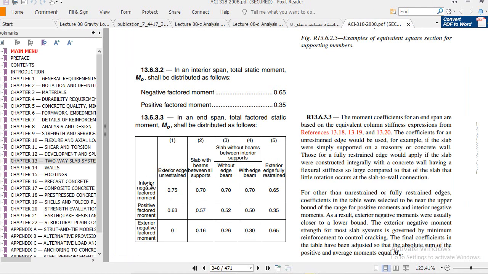Here we have interior negative, exterior negative, positive, and again this one. Roundabout 52%, I think, for slab with beams. Exterior edge unrestrained: if you have an exterior edge, there is no beam, so 0% will go to the middle strips. So all these coefficients are used to laterally distribute the moments.